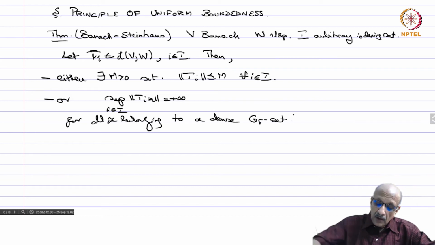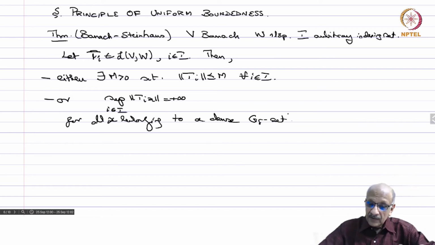So you see the sup of norm Ti x will blow up for a large number of points. We just saw that a dense G delta in a metric space without isolated points is in fact uncountable, and therefore this. Okay, so proof.